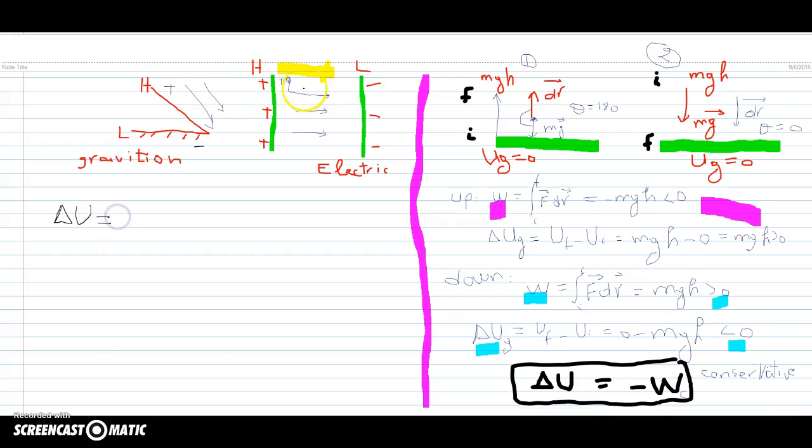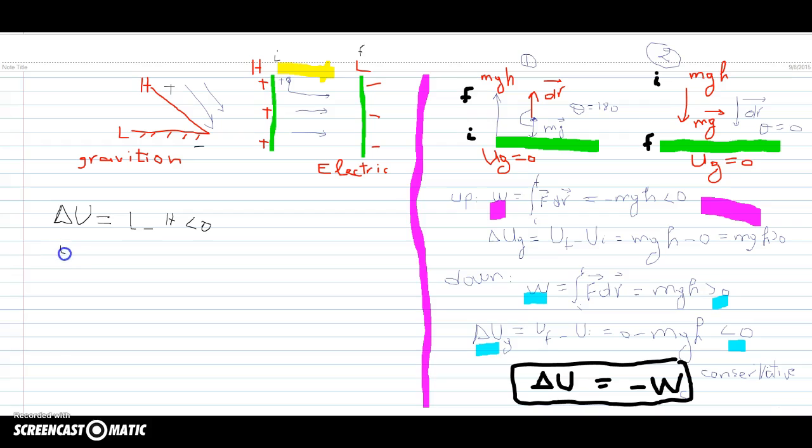Since I'm going from high to low, the change is final, which is low, minus initial, which is high. If you subtract high from low, clearly it's negative. So going from high to low, the change is negative.